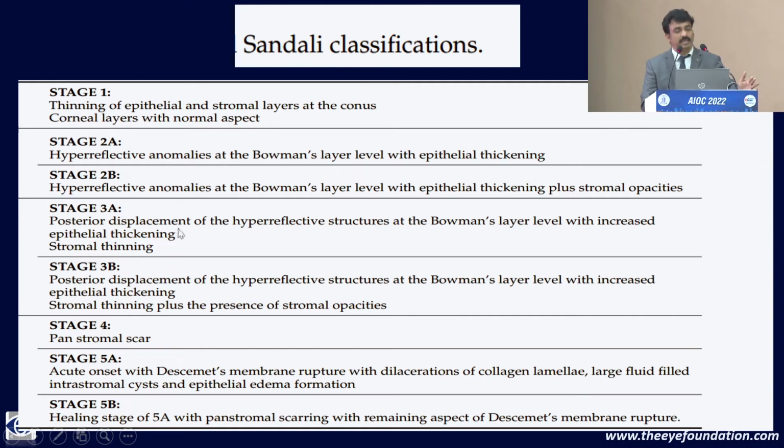So up to stage 3A, you can safely go ahead and do a type 1 big bubble technique, and beyond that, because of the posterior stromal opacity, the chances of type 2 big bubble formation is high in these cases. So it is better you go ahead with the layer by layer manual dissection in these cases, like stage 3B onwards till stage 5.